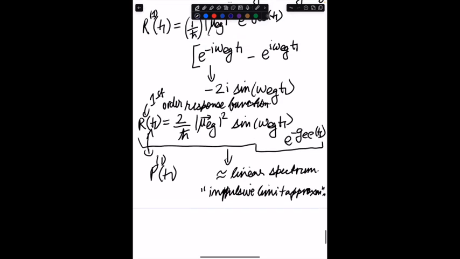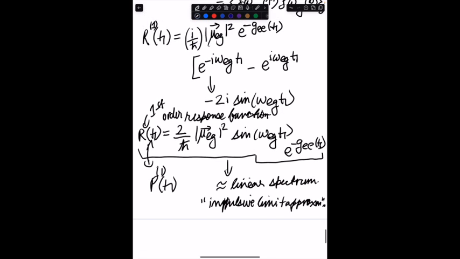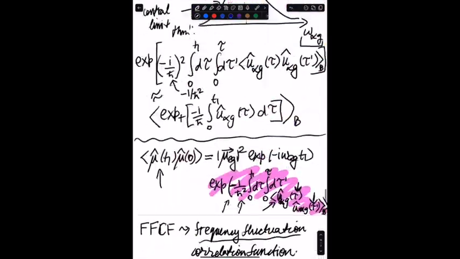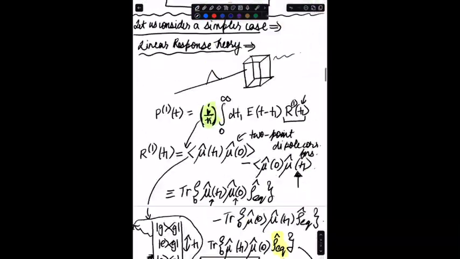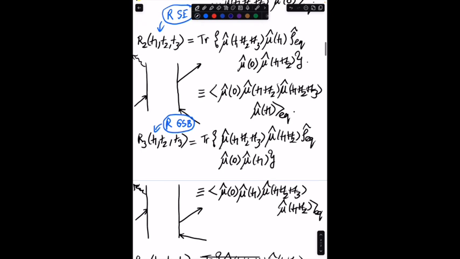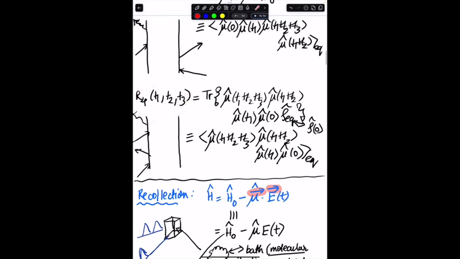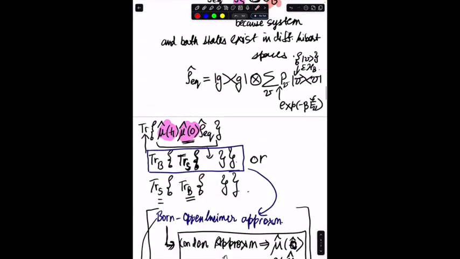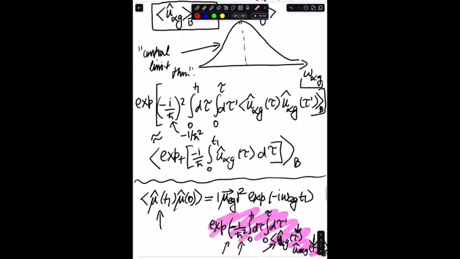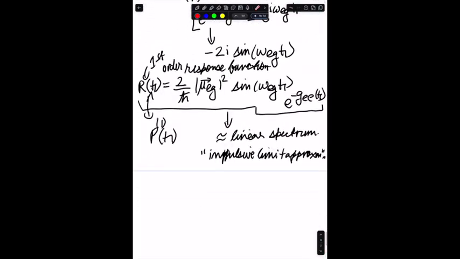And in the next lecture, we will be calculating the third order nonlinear optical response functions, which I had gone over at the beginning of the lecture. So I mean R1 through R4. We will evaluate them using the same second order cumulant approximation technique. So the entire idea behind this evaluation and considering linear response theory was to introduce the second order cumulant approximation to you guys.